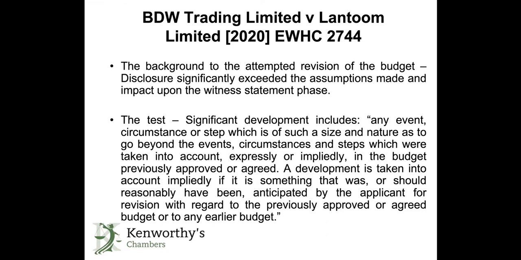And as it turned out, the claimant was required to consider about 250,000 documents. Now, the claimant, in fact, put that to the defendant. The defendant, after some initial disagreement, eventually agreed, and they agreed with an increase to the disclosure phase, and the defendant also increased their budget to account for the increase in the number of documents.